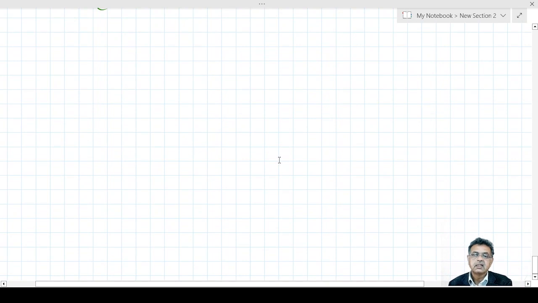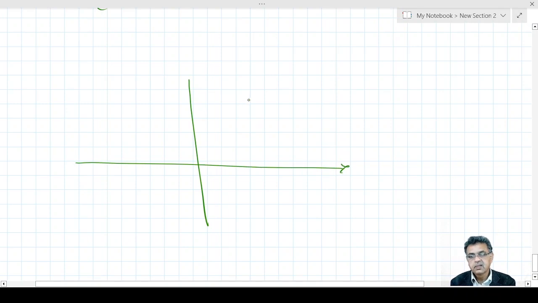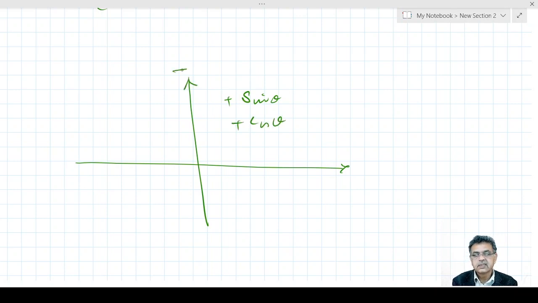Now finally, in the formal way, as it is mentioned, sin theta is positive, cos theta is positive. Sin theta is positive for this reason, that y is positive. Cos theta is positive here for the reason that x is positive.